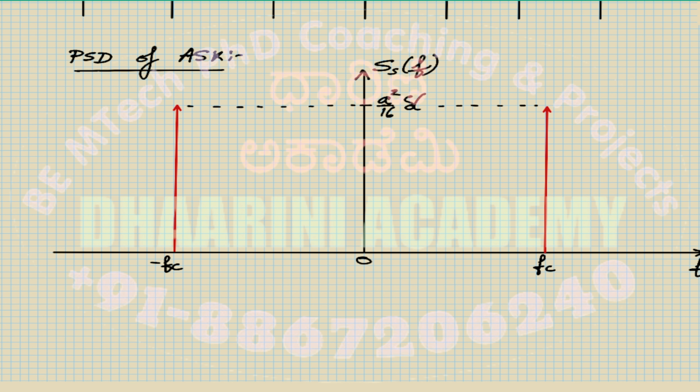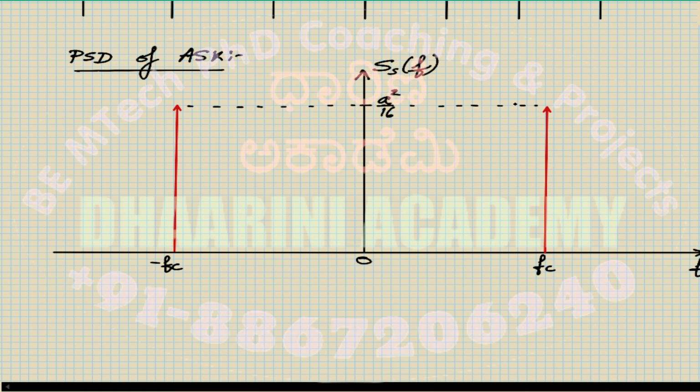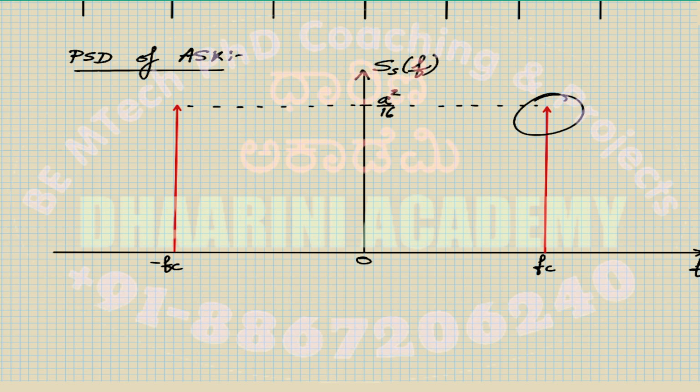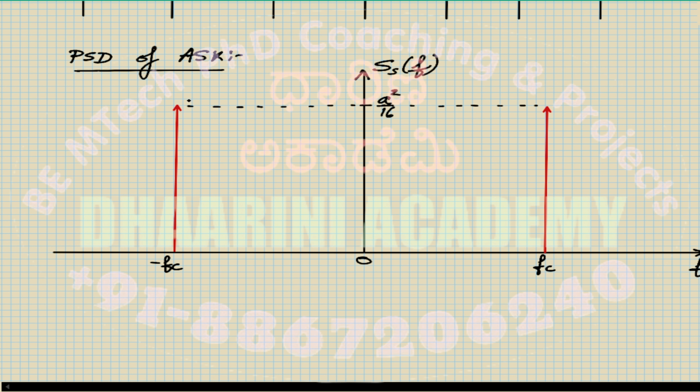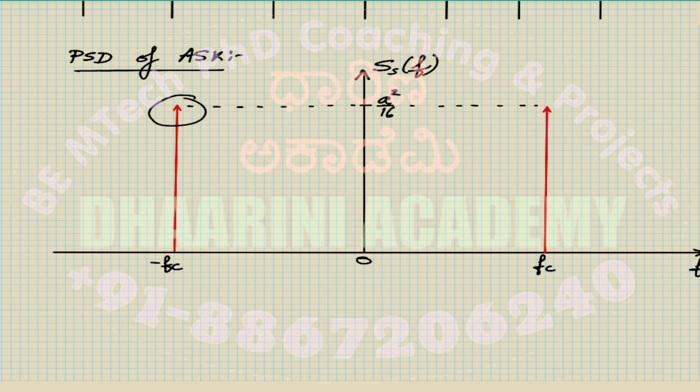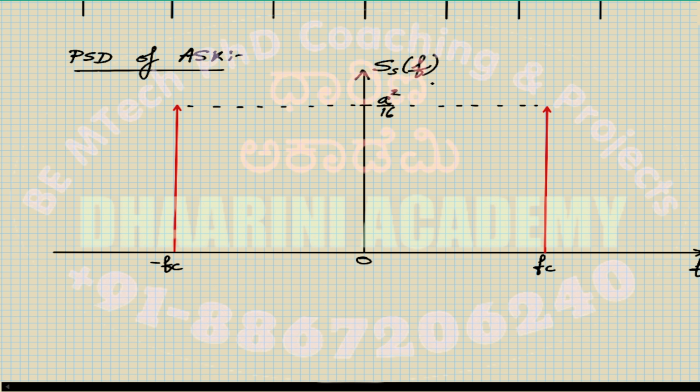The magnitude is A squared by 16, but the positions are determined by the delta function's position. This location is A squared by 16 times delta of f minus fc, and on the left-hand side I have A squared by 16 times delta of f plus fc. I just marked the magnitude, that is A squared by 16.